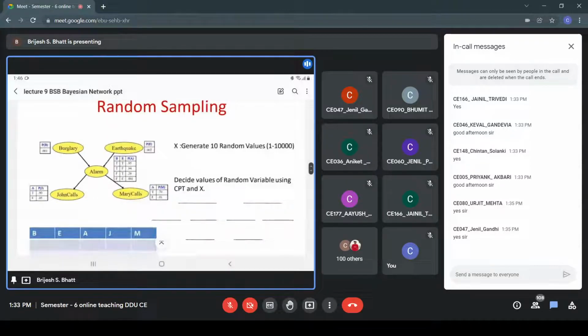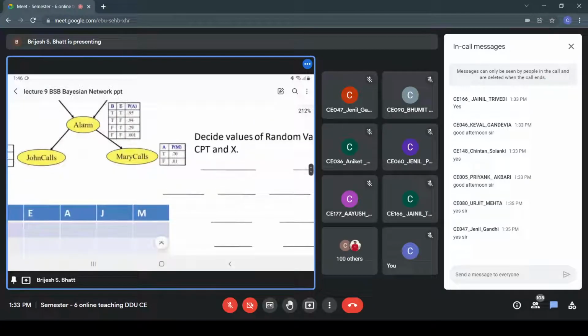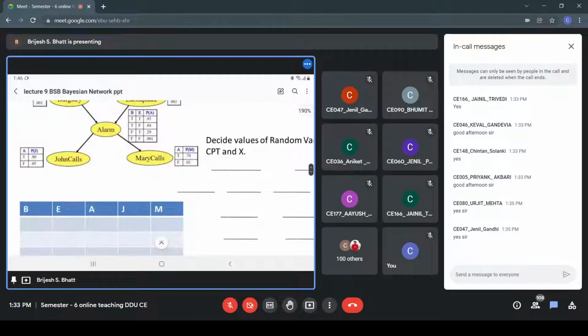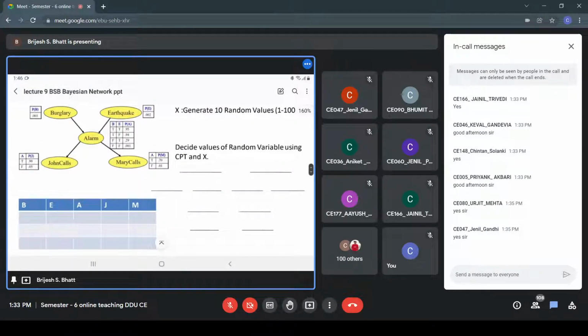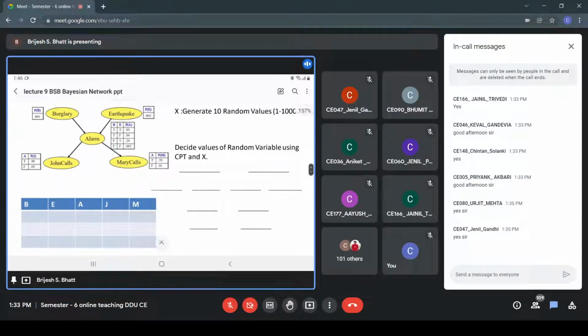We had seen this example last time, random sampling with the example of burglary, earthquake, alarm, John call, Mary call, and all that. So I've prepared this as an assignment, but I'm not sure whether you want to do it or not. We have already tried one example last time. So should we repeat this, or are you comfortable with this? Do you want me to give an exercise? Maybe 5-10 minutes you can solve it, or it is clear?